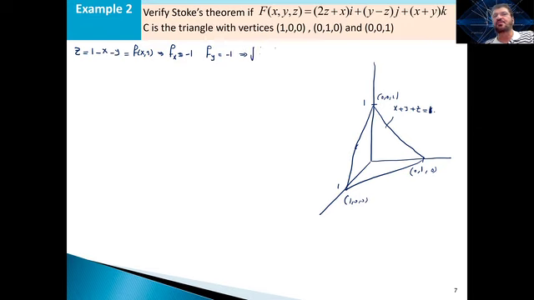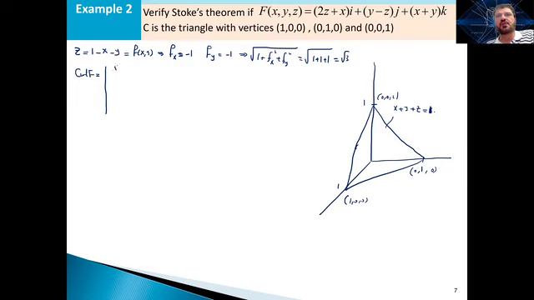So this will give me that the square root of 1 plus fx squared plus fy squared is equal to the square root of 1 plus 1 plus 1, which is the square root of 3, right? This is one of the things in the function, in the work done. What's next? Probably we can look at curl f.